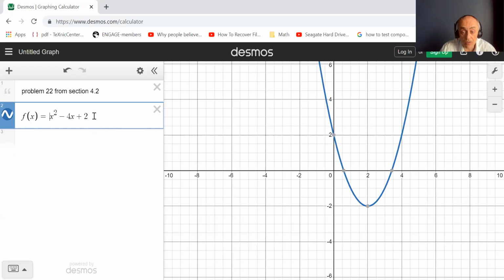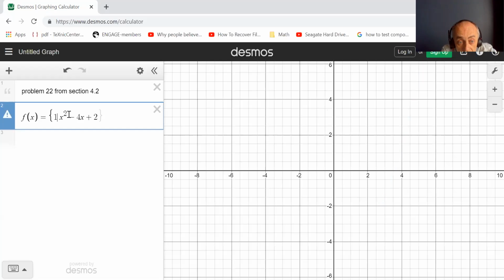So I want 1 less than or equal to x less than or equal to 4 of this particular function, x squared minus 4x plus 2. This is the function that I'm looking at.